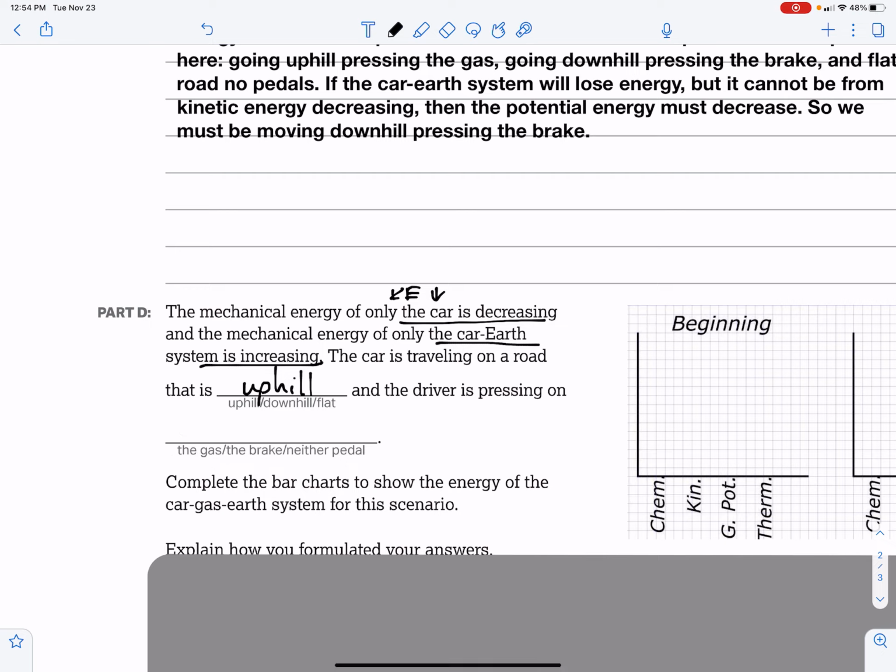So in other words, some of that chemical energy is going to be converted into the increase in potential energy to get you uphill, essentially. Not that you're going faster. You're going slower, but not as slow as you would be if, let's say, the energy were constant.